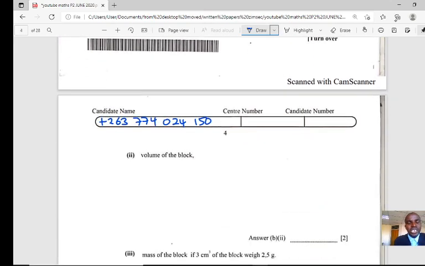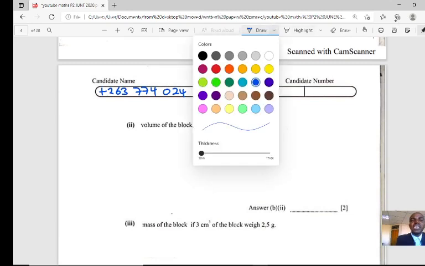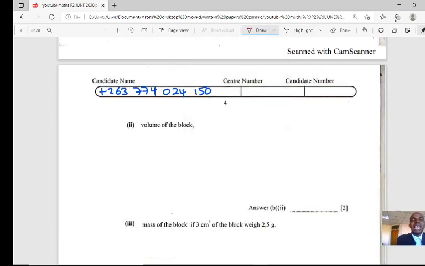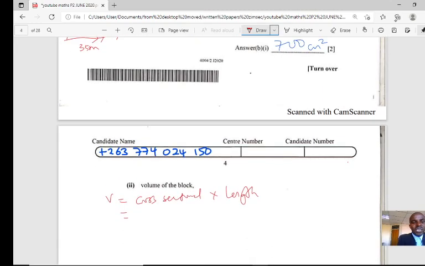Then next item, calculate the volume of the block. Volume of any shape is cross-sectional area times length. The cross-sectional area here, we found as 700 on top there. So it's 700 times length.